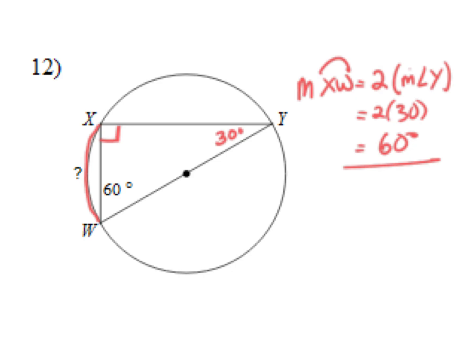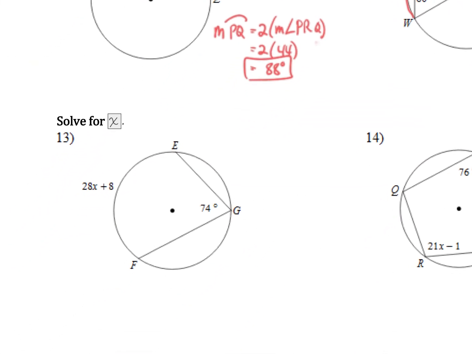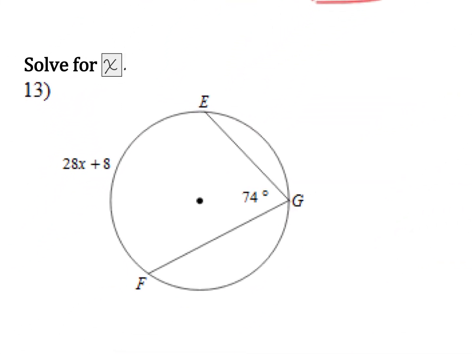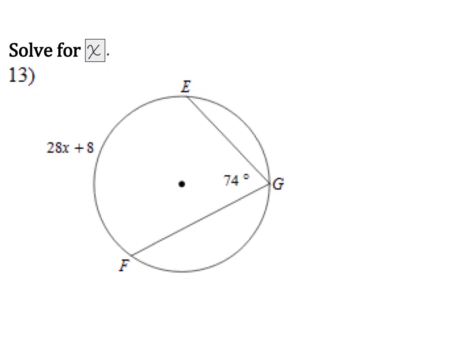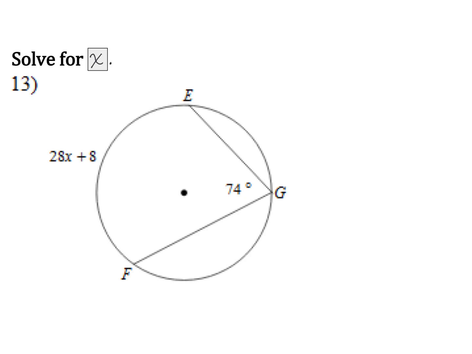Okay, let's go for number 13. We're going to solve for X. Let's remember something in here. Whenever we solve for the inscribed angle, let's say the inscribed angle is X. The measurement of angle X as an inscribed angle is equal to 1/2 of your intercepted arc AB.